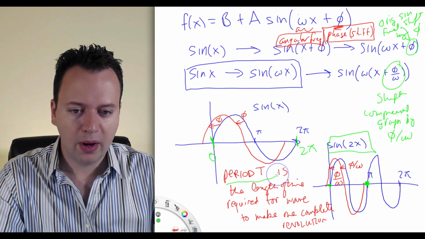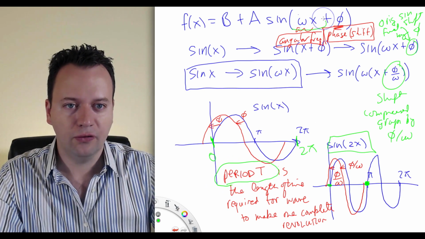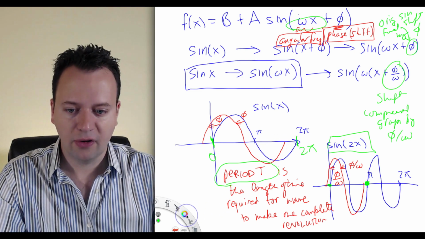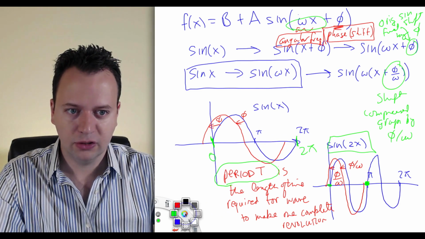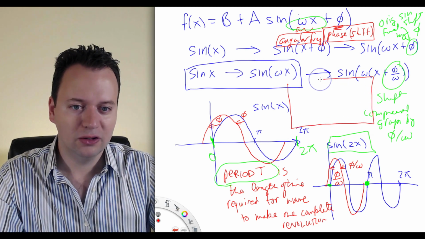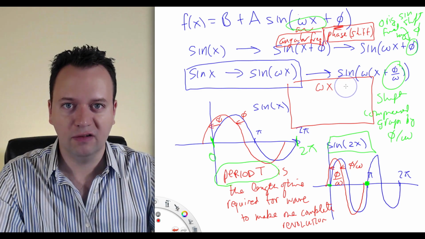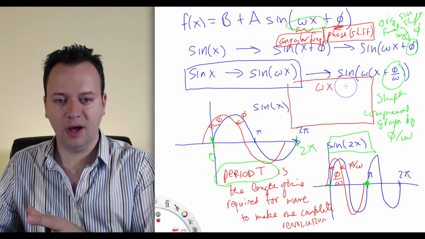Now there's a nice way to figure out the period based on the angular frequency, and that is my following trick, which I'll write over here. There's a little bit of space left. So the trick is, I think of omega x, so I forget about the phase shift, because the phase shift just shifts everything by a constant amount.